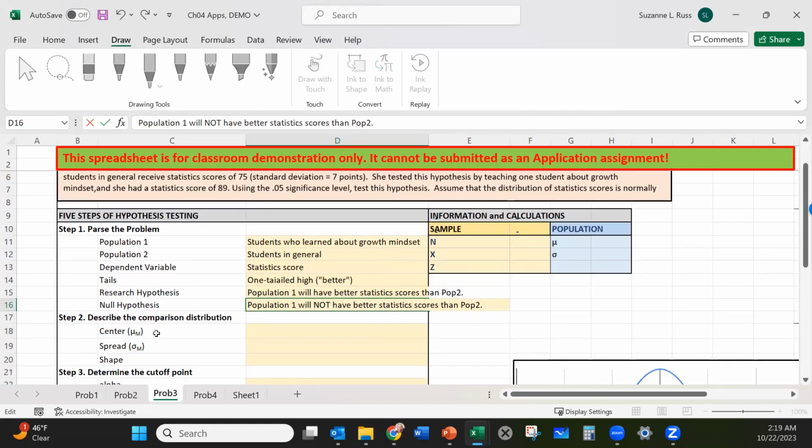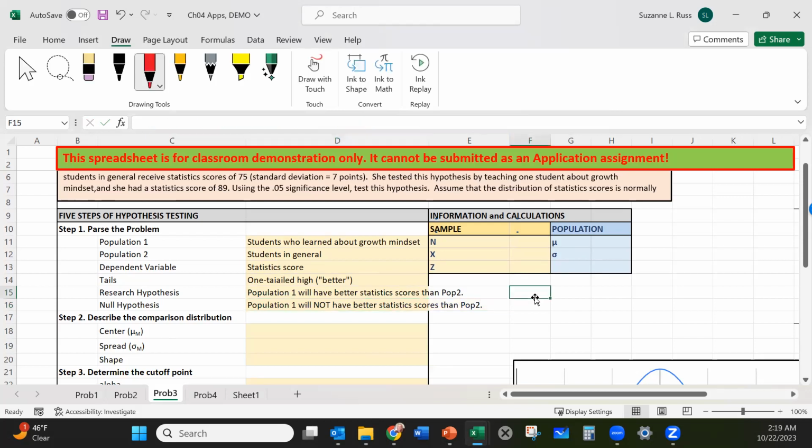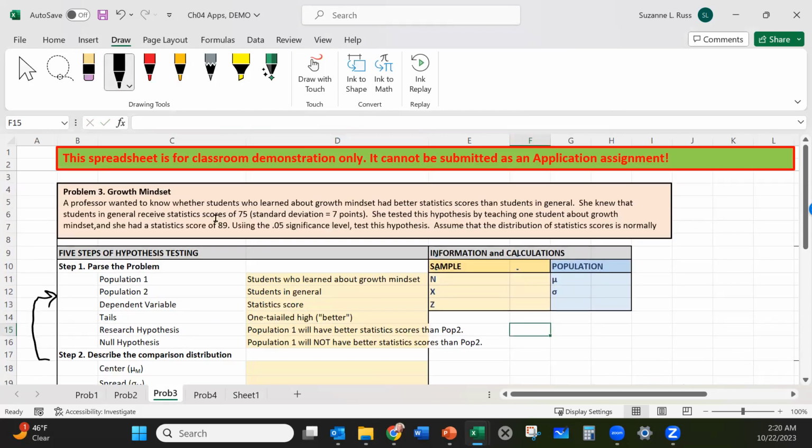Next, we look for the information about the comparison distribution. Remember, the comparison distribution is just that distribution that refers to population 2. So this is about population 2. And we can see in the problem that students in general, that's population 2, receive statistics scores of 75.